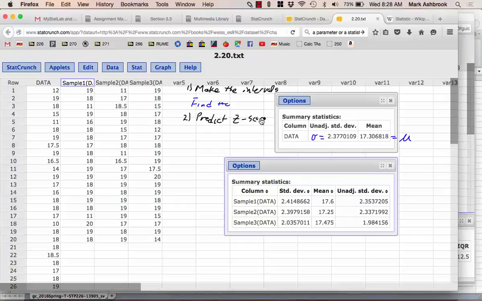Based on your intervals, predict the z-scores for a 20, a 16, and, let's do 10. And then find the z-scores for a score of 20, 16, and 10.